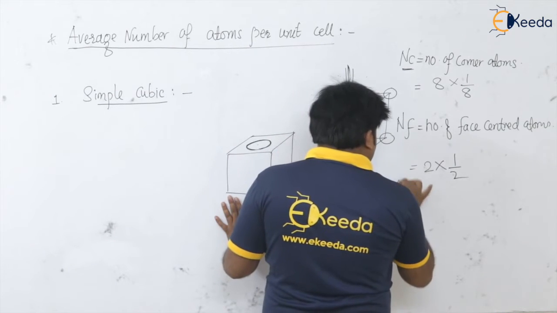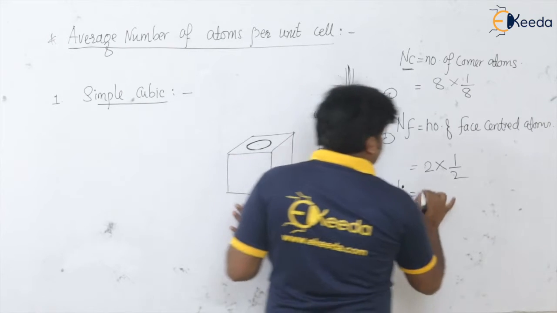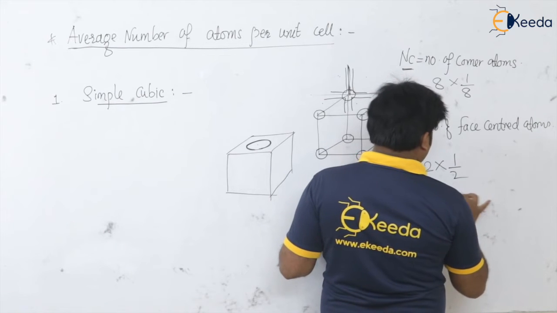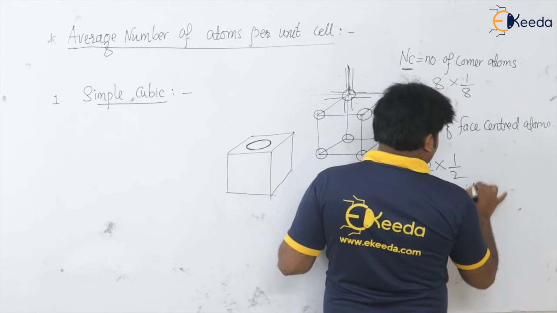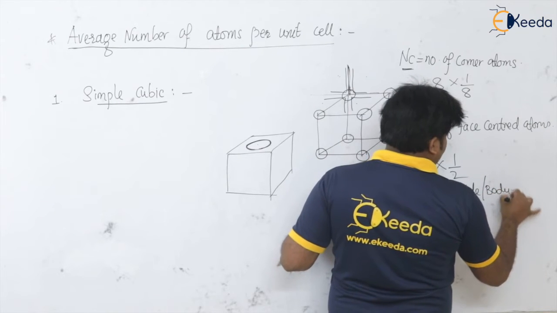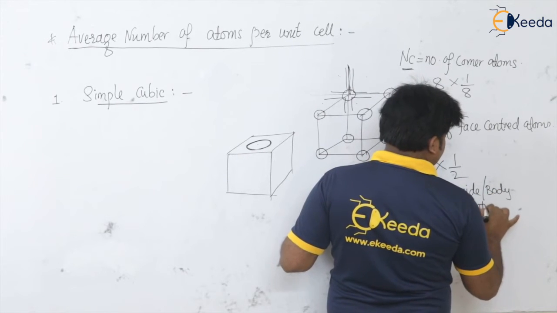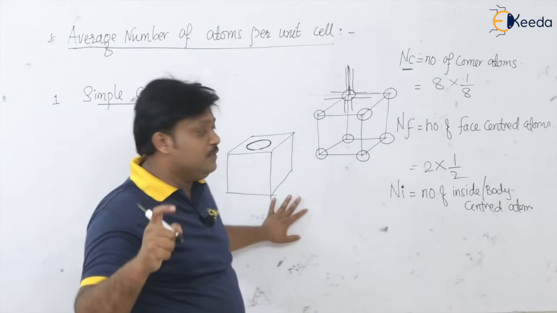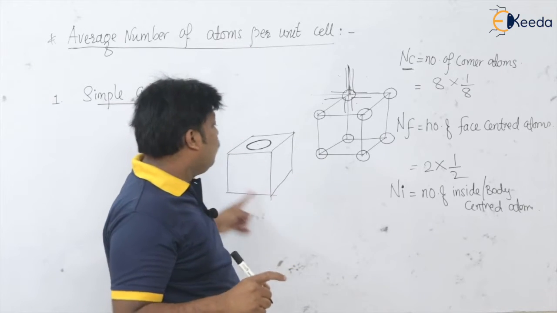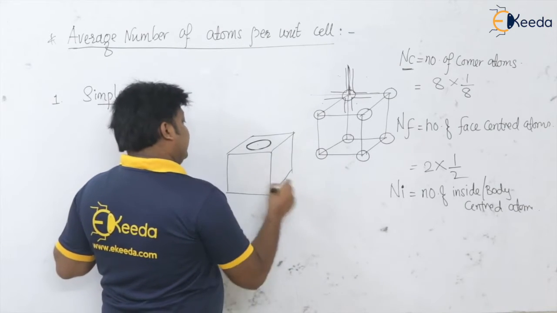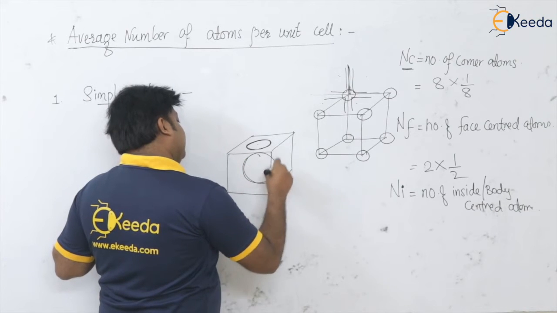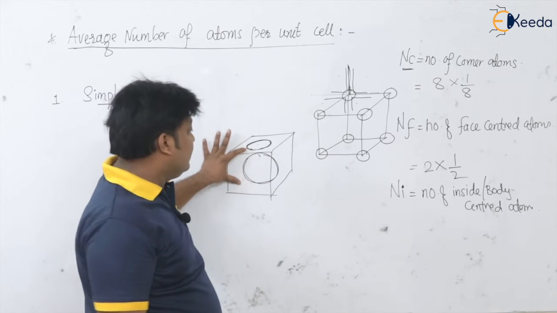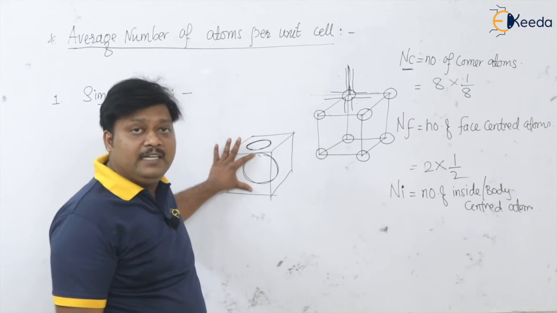And of course the last one is Ni, which is the number of inside atoms, or you can say the number of body centered atoms, which is shared by only one cell. If inside the cube there is an atom at the body center, then only this cell will have it, it belongs to this one cube only, there are no neighbouring cells to share it.